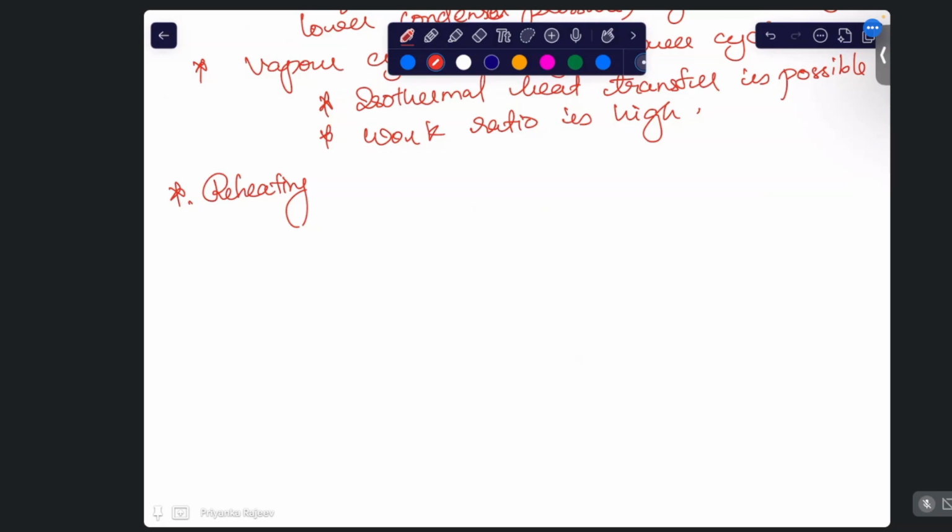The disadvantage of reheating is that the cost of plant increases, and it increases the condenser capacity due to increased dryness fraction.